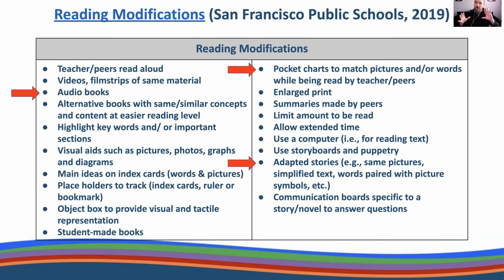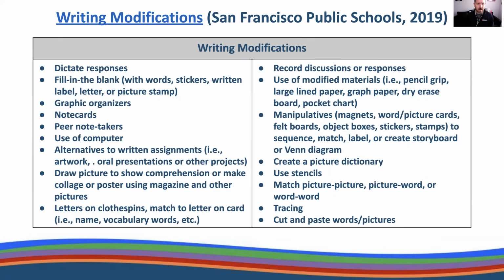So we're looking at changing what is being read so it's more accessible, or having less text and more pictures, right? And that could also help students in the class who might be English language learners and who don't have disabilities.